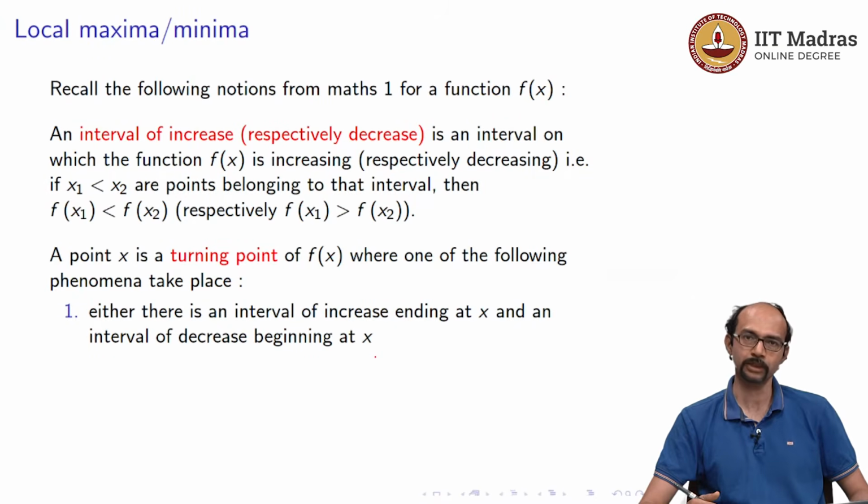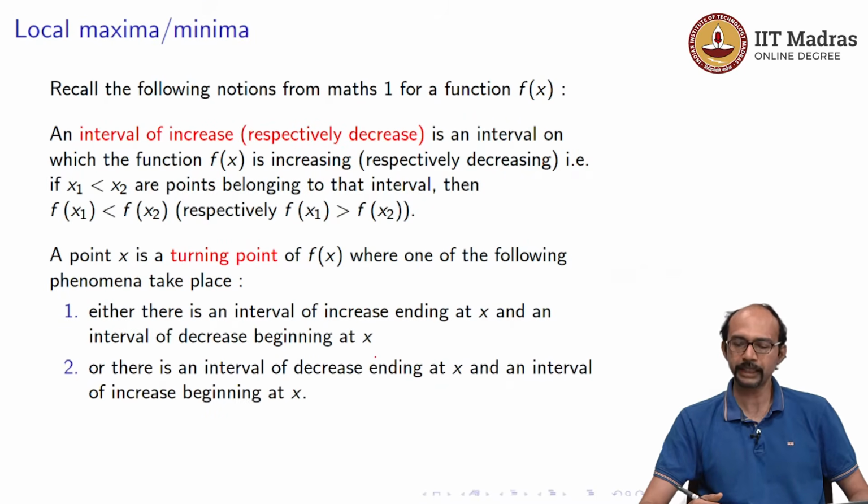It need not increase throughout, but there is some interval, small or large, which ends at x, and then from x there is another interval in which it decreases. Or there is an interval of decrease ending at x and an interval of increase beginning at x.